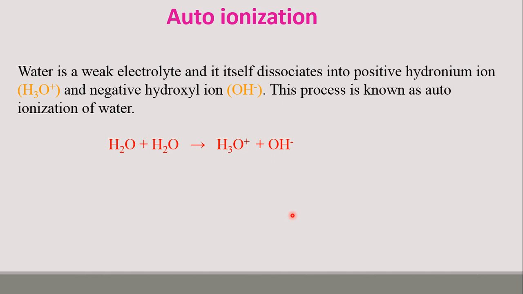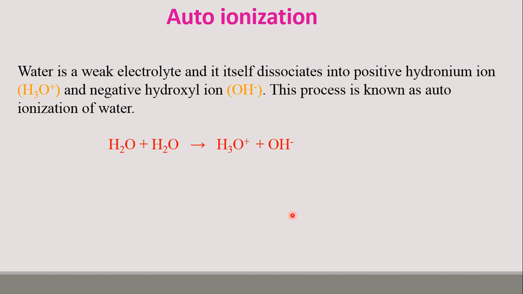According to Bronsted-Lowry concept, we know that proton donor is called acid and proton acceptor is called base. That means when acid dissociates into solution, then it donates proton and water acts as a base because it accepts the proton of acid.